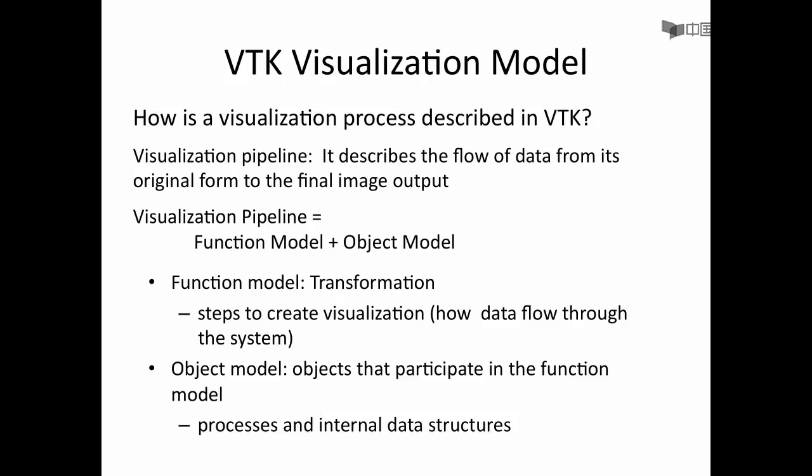The function model is focused on describing the transformations, that is, the steps that are used in the pipeline to create the final visualization. In other words, how the data flows through the process and how it is transformed. The object model describes the objects that participate in the function model. This includes the processes and the internal data structures.